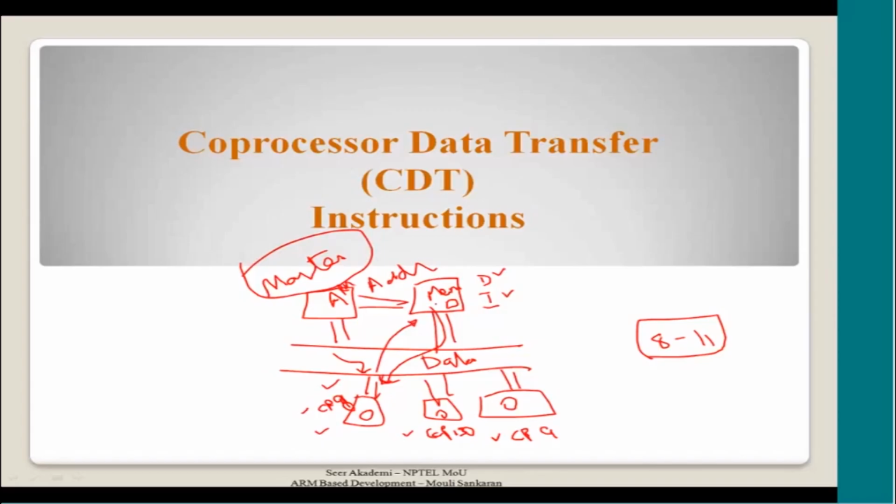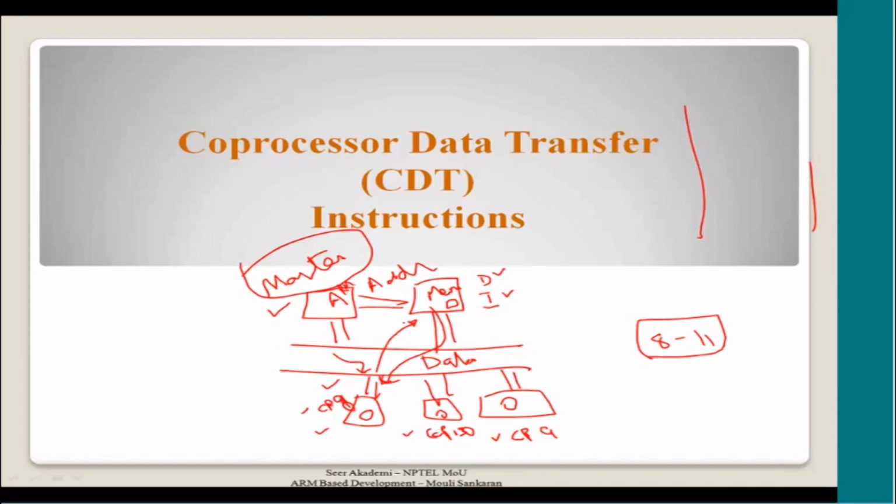So to help them, there are some instructions which help them transact with memory, but they have a limitation: they can't generate addresses. So ARM will generate the address for them, and the coprocessors will give the data or take the data from memory. Can you see this?